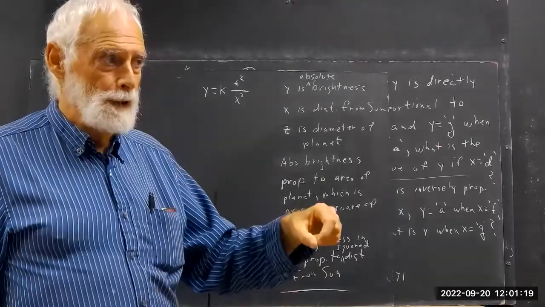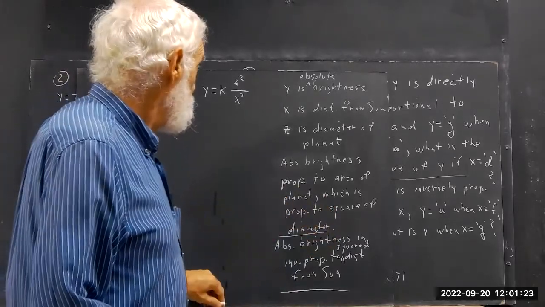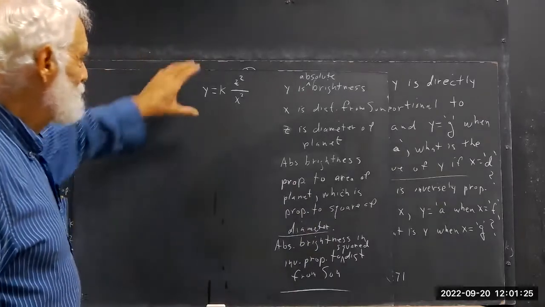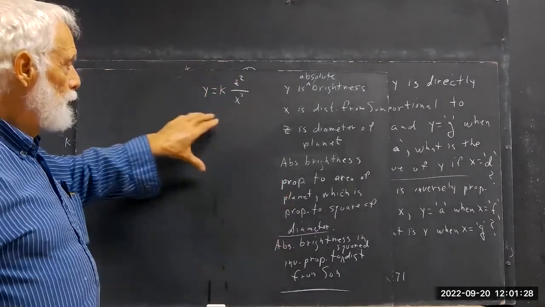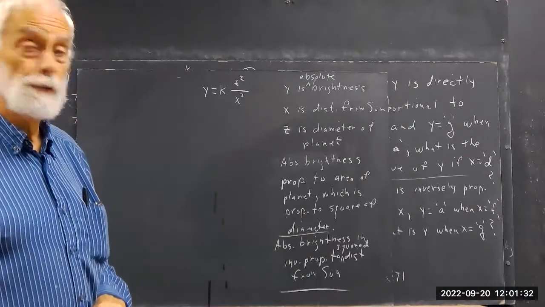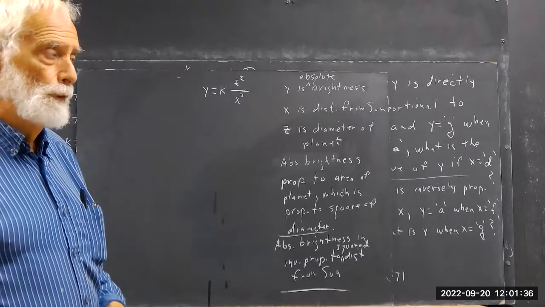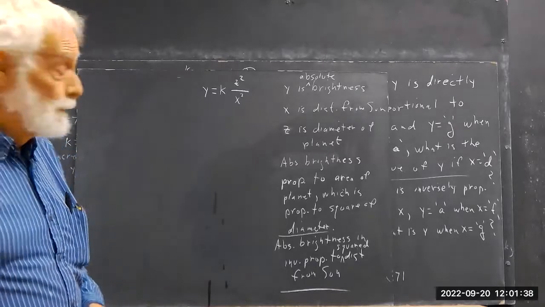So Venus is about 10 times closer to the sun than Jupiter is. It would go from there. Okay, so I'm not going to torture this into a complete model. I might well do that in precalculus when we do proportionality, which we're going to do in a week or two.